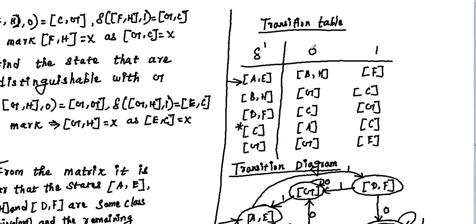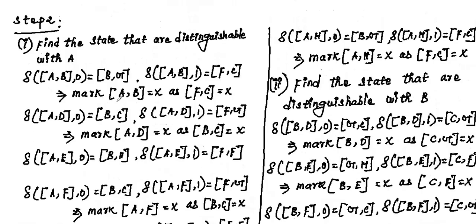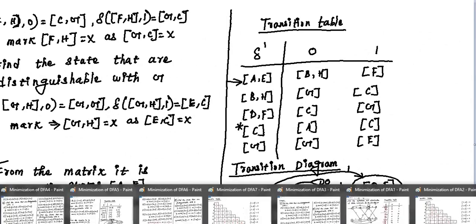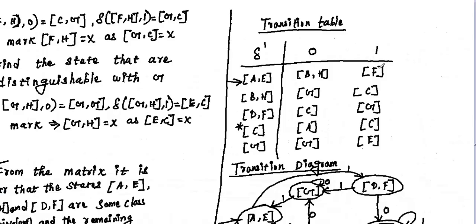So AE0, look at the second step, first division. AE0 is BH. AE1 is FF, which can be written as single F.